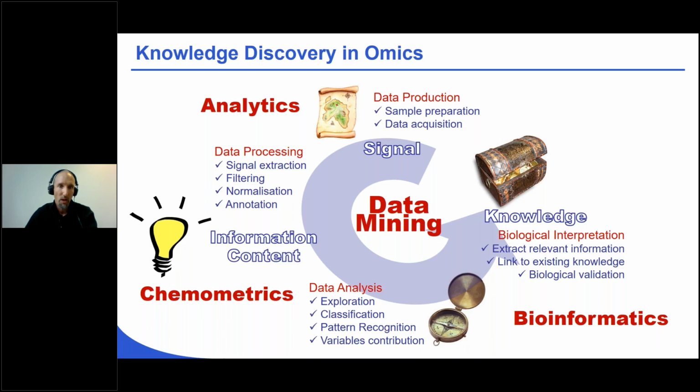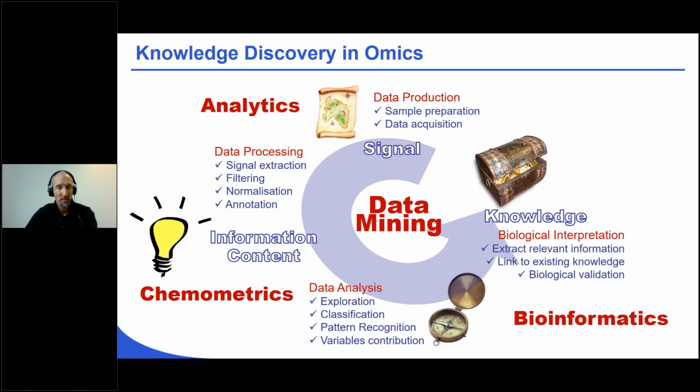And so I will mostly talk about this part today, but of course, don't forget that this is not the end of the story, because you need to put the results you obtain into a biological context to really gain knowledge about your system, and this can be done using bioinformatic tools, but this will not be the topic of my talk today.